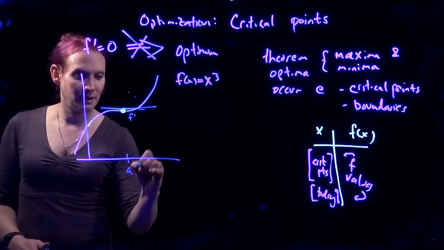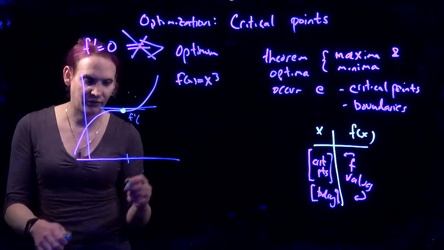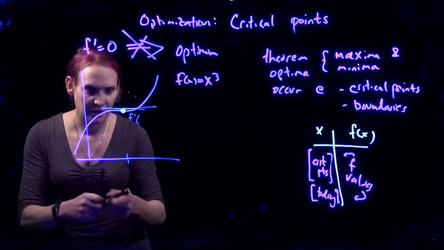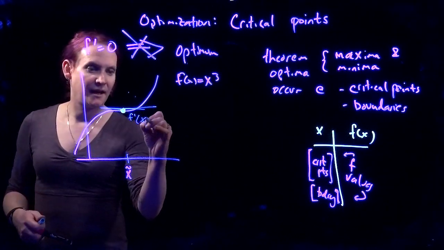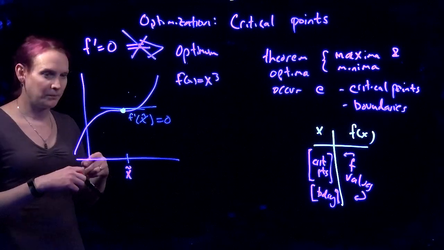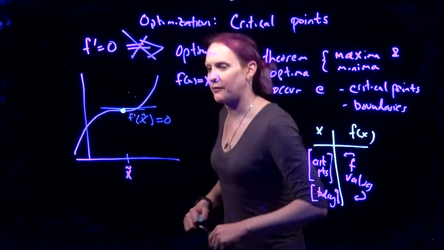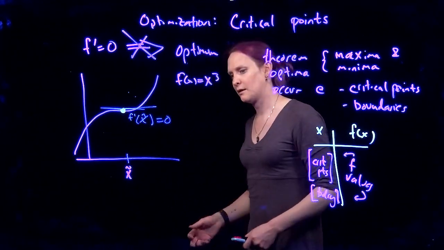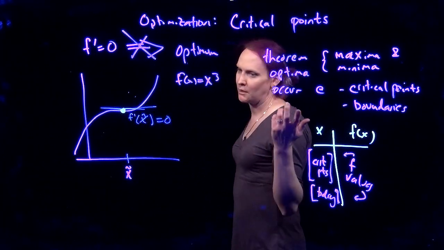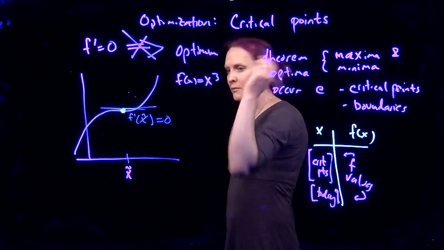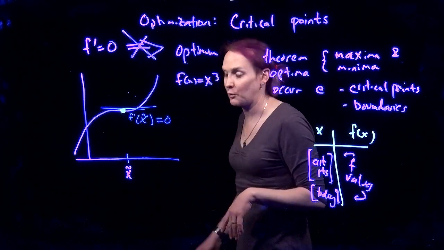Let's call this x tilde. f prime at x tilde equals 0, but you don't have an optimum there, right? Because if you go to the left, it's lower, and if you go to the right, it's bigger. It's a point where we have a change in concavity, or saddle point.